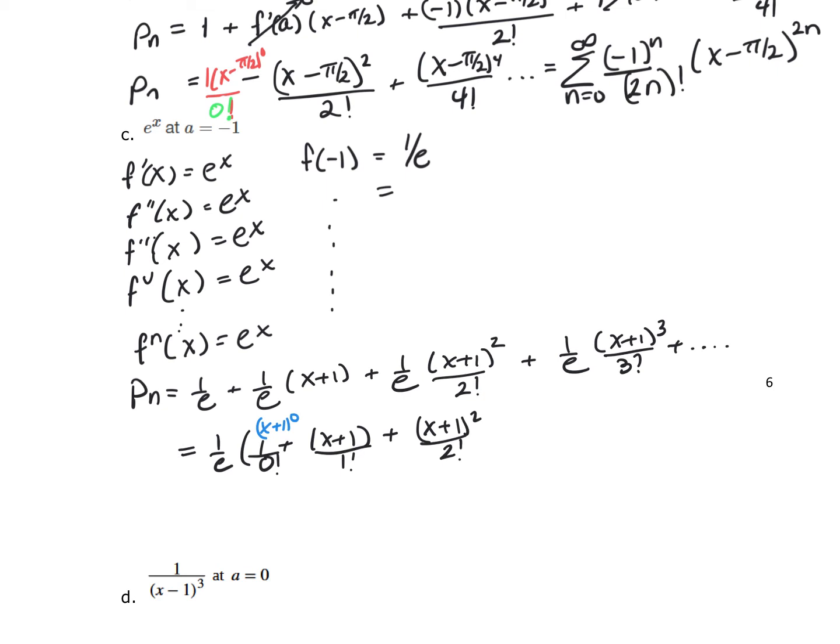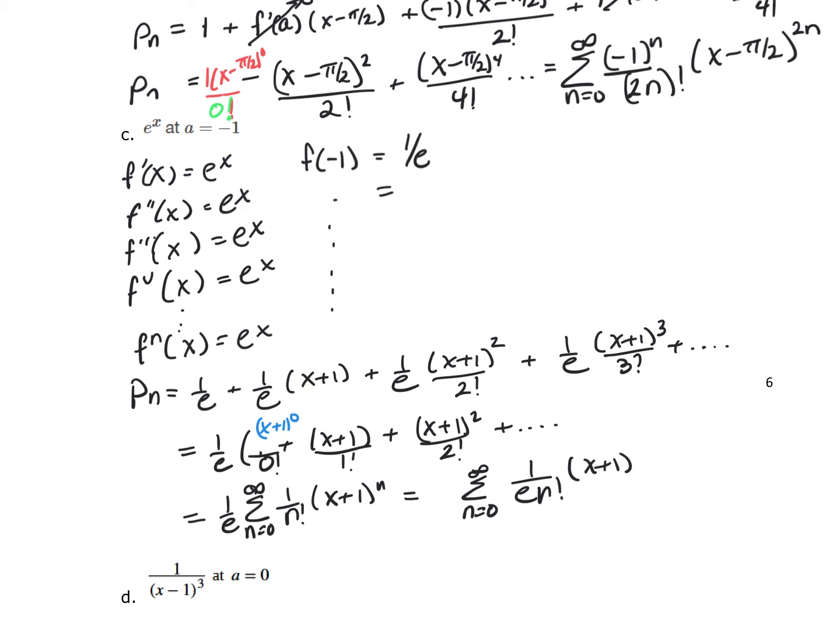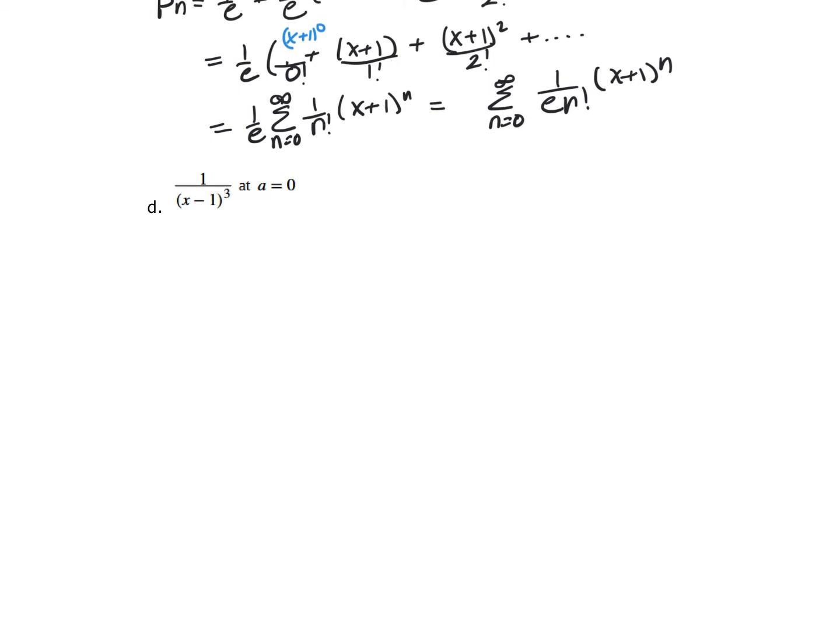Then we start to see the pattern that this is going to be the summation of 1 over e times 1 over n factorial, x plus 1 raised to the n. I'm just going to bring that e in, so I can write this as a summation of n equals 0 to infinity of 1 over e n factorial, x plus 1 raised to the n. So that's what my Taylor polynomial series will look like.